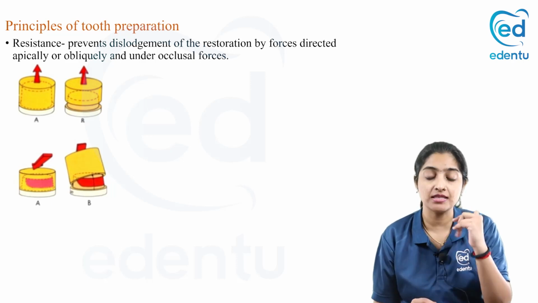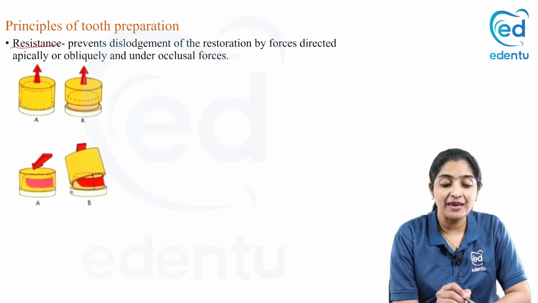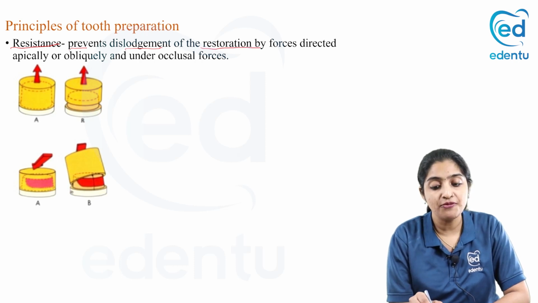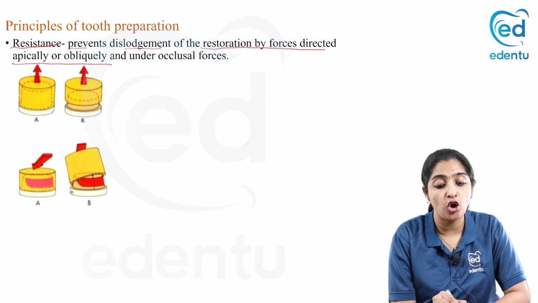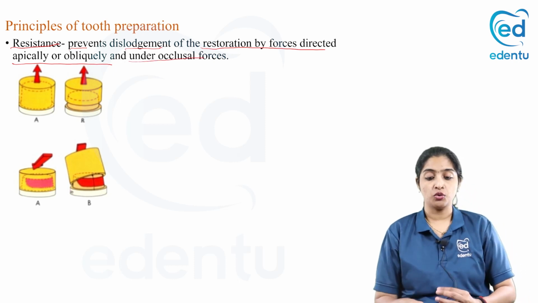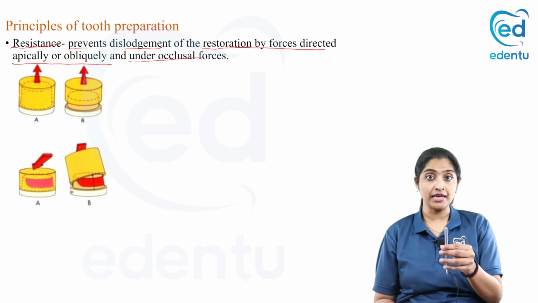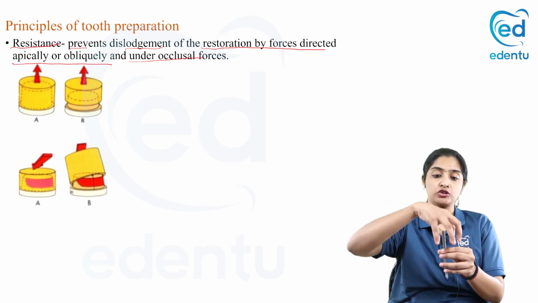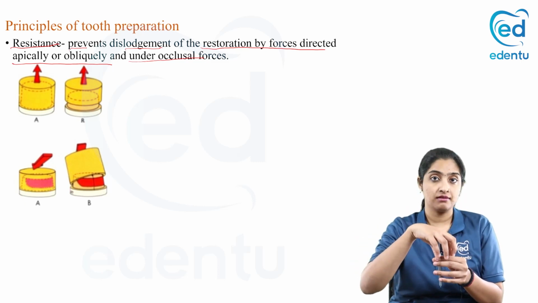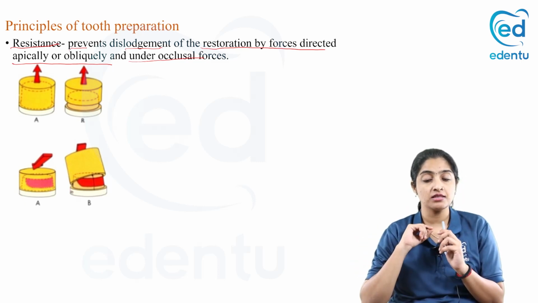Next, what is resistance? Resistance is basically what prevents dislodgement of the restoration by forces directed apically or obliquely and under occlusal forces. So, like I said, the retention was along the path of insertion when you are trying to remove a crown. That force is the retention. What is the resistance?